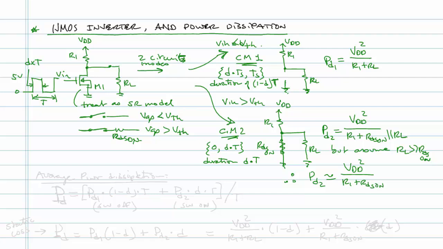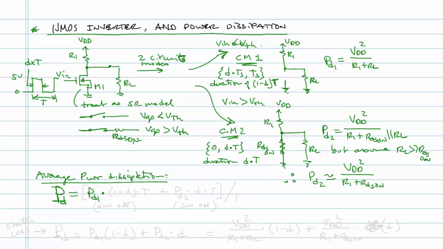So the average power dissipation, the total average power, will be equal to big P, PD1 times the percentage of time that we're in circuit mode 1.